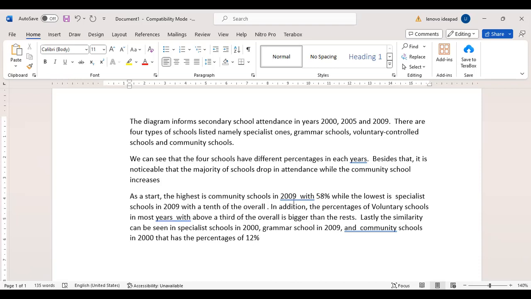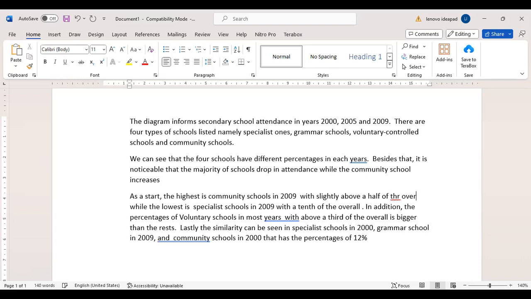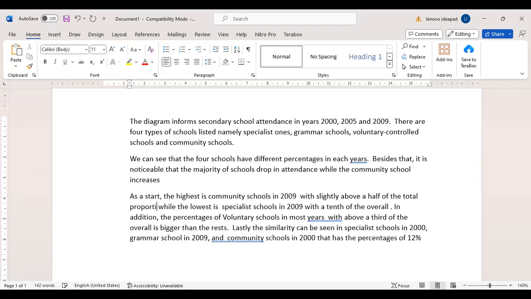And then 58%, you can say slightly above a half of the overall, let's say of the total proportions.